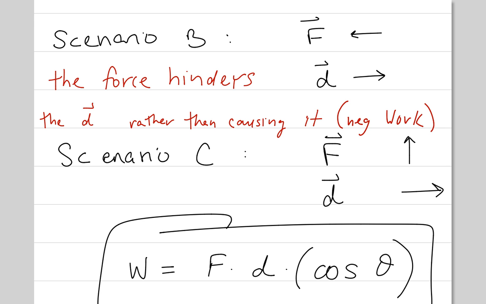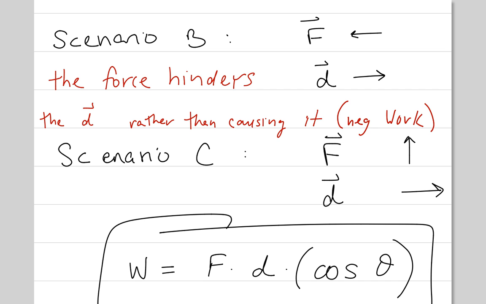What's one force that you can think of right now that hinders the displacement? Car coming to a stop. Which force is that? The friction between the road and the tires. You guys ever rollerblade before? You put your heel up and it stops like this?